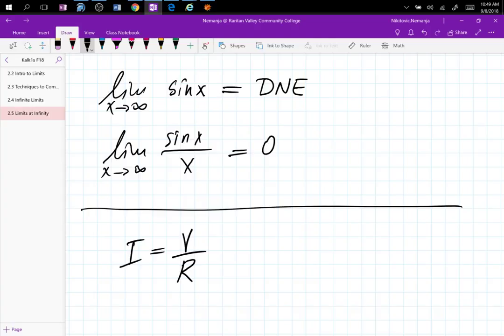Voltage, you're used to 110, it's actually 118, and it drops down to 110 when you plug something in. So the voltage of 110 volts is the potential that drives the motion.